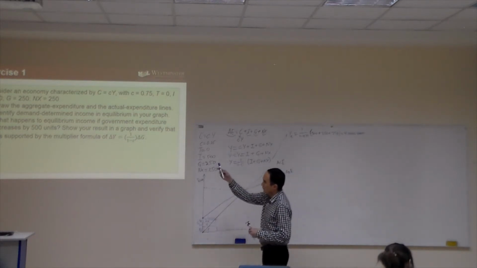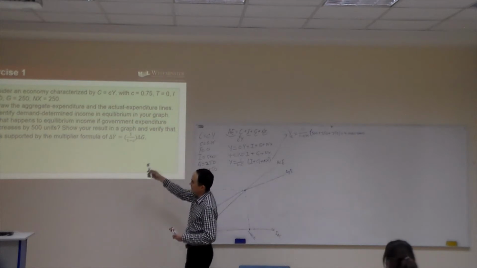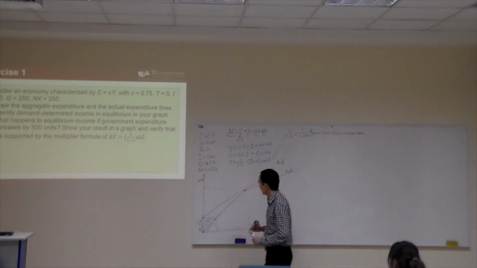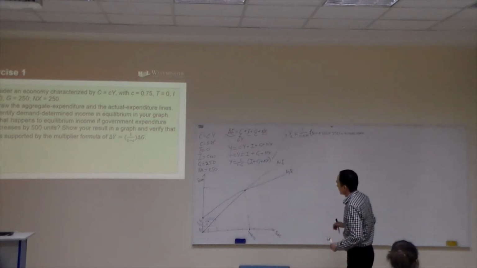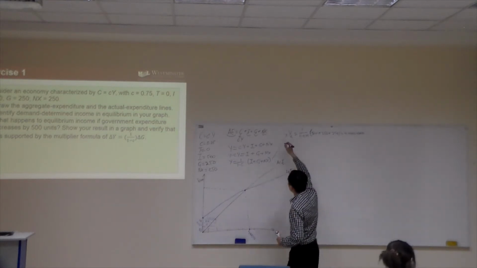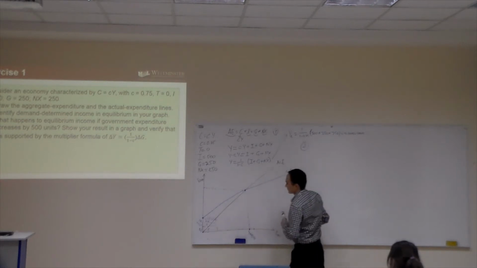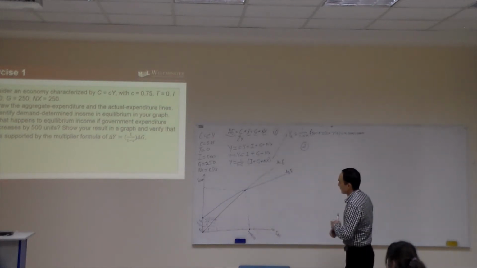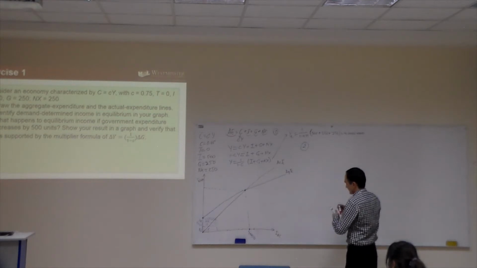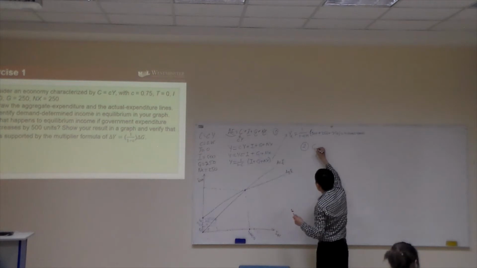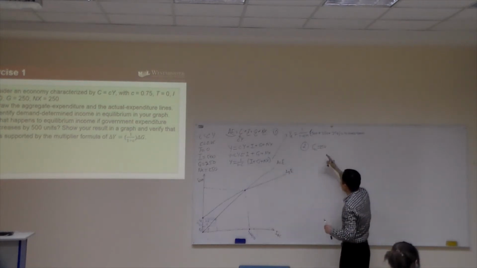Okay, good. Next, what happens to equilibrium income if government expenditure increases by 500 units? Now you have to show your results in the graph and verify that it supports the multiplier effect. In case 1 we found the first result. What about the second one? Now we are considering that government expenditure was initially 250, and the government increased it by 500 units.